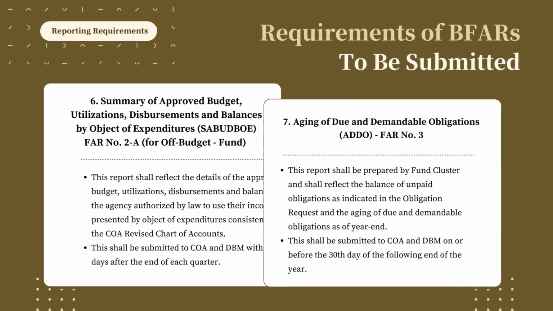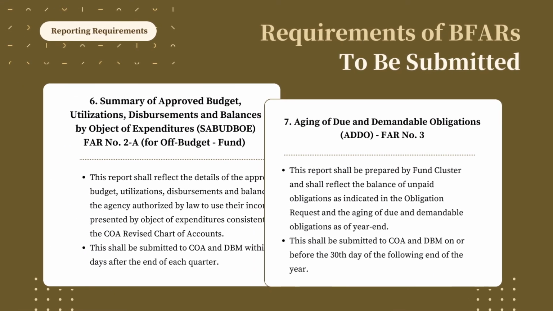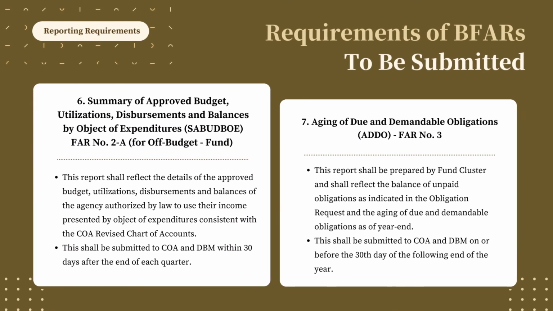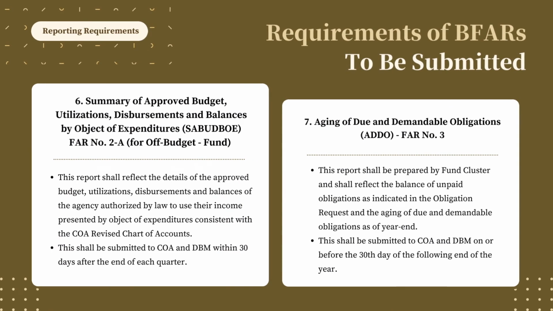Number 6. Summary of approved budget, utilizations, disbursements, and balances by object of expenditures, or the SABUD-BOE, for number 2A for off-budget fund.